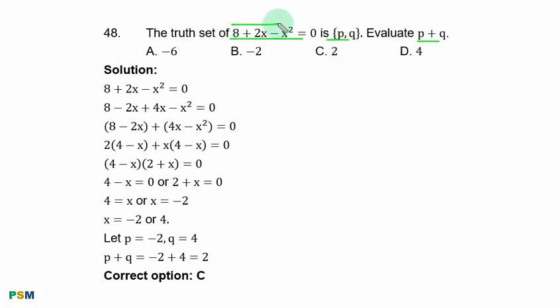You factorize it to get P and Q. Then you add to get P plus Q. This is the given equation. To factorize, you get the factors whose sum is 2 and the product is minus 8, because from here A is equal to minus 1, B is 2, C is 8.